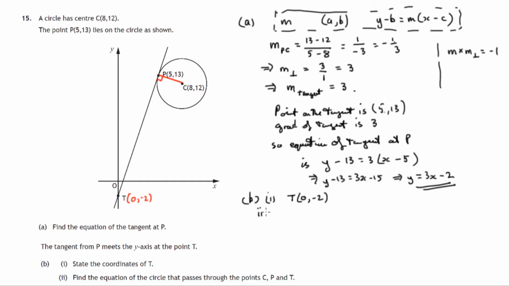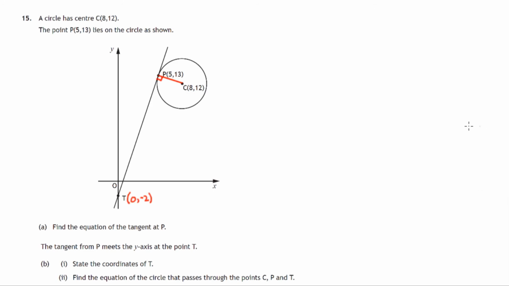And the final part of this question: find the equation of the circle that passes through points C, P and T. This is part B part 2. We have the points C, P, T lying on a circle. That would mean that this right angle is at the circumference of the circle.